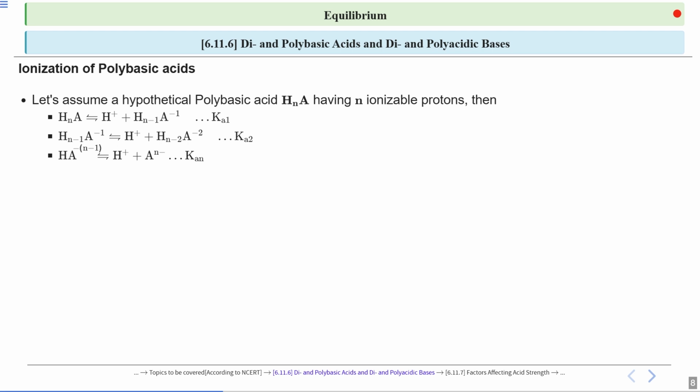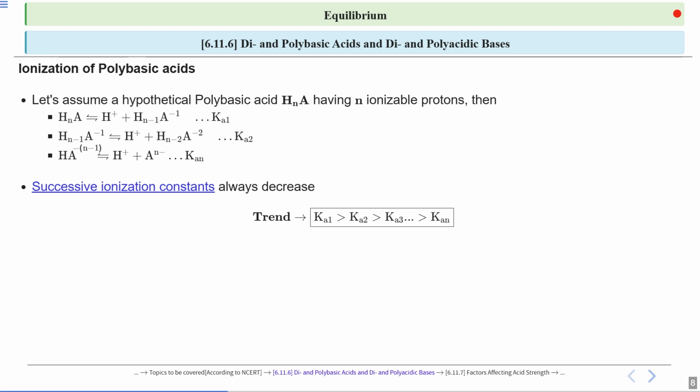So, what is the comparison of these equilibrium constants K1, K2, Kn, or you can say we can have K1, K2, K3 up to Kn? Got it? I have not written the intermediate ones. It is self-explanatory, I suppose. So, the general trend says that the successive ionization constant always decreases.